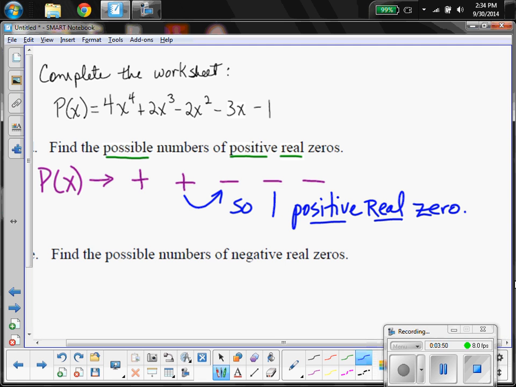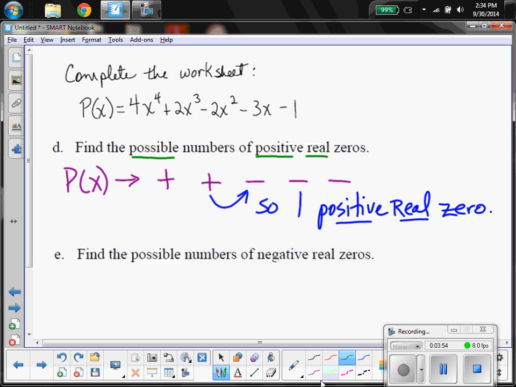the possible numbers of negative real zeros. And to do that, we'll find the sign changes in p of negative x. So let's see, when I substitute negative x in for x in p of x, my first sign will be positive, my second sign will be negative, my third sign stays negative, my fourth sign becomes positive, and my fifth sign is constant, so it'll stay negative.